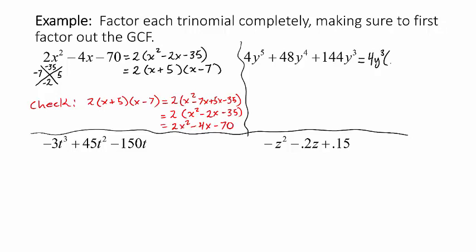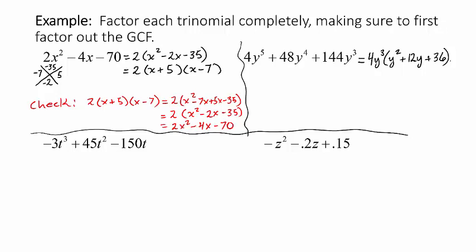All right, so 4y cubed times y squared gives 4y to the 5th. 4y cubed times 12y would give 48y to the 4th. And 4y cubed times 36 would give 144y cubed.